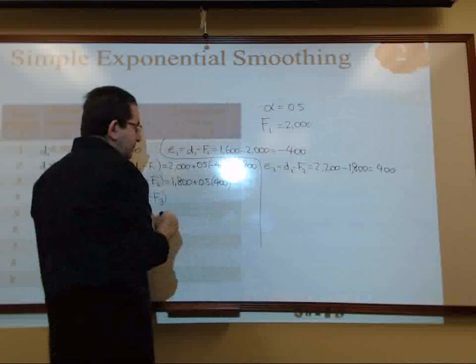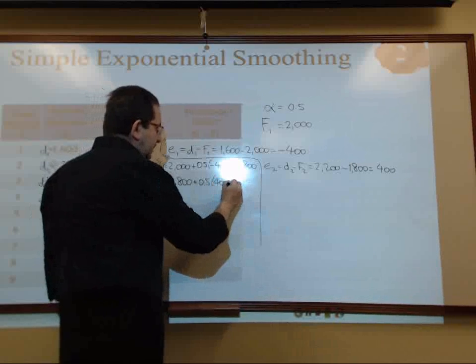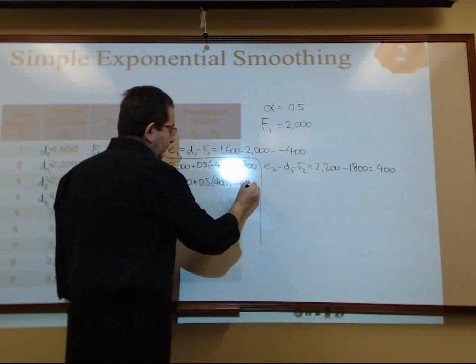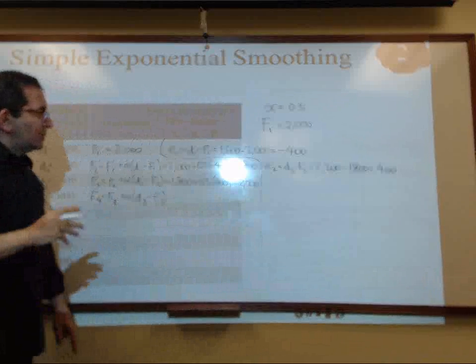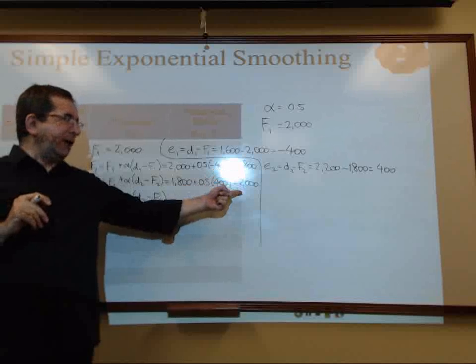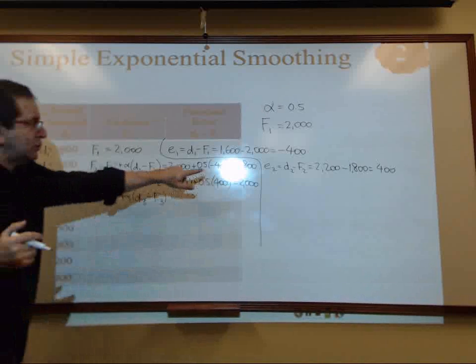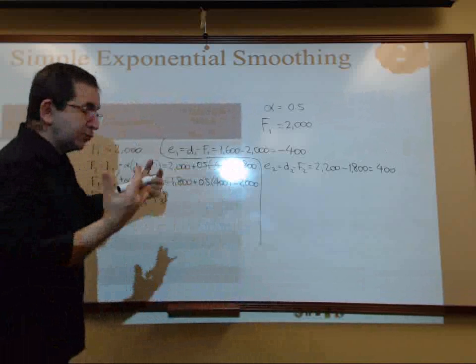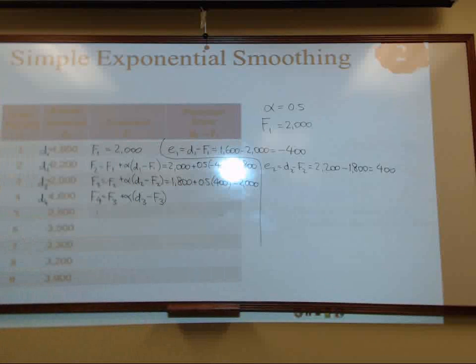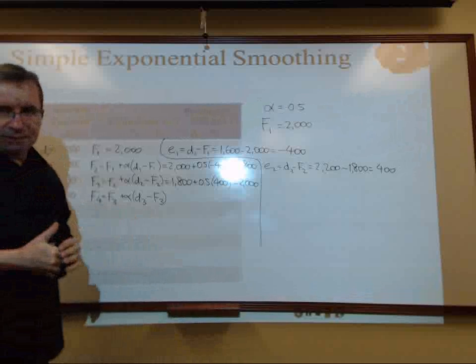Okay, so what that means is this is going to be 2,000. So now, as you can see, our forecast went from 1,800 to 2,000. Why? Because we were too low. This was too low. So we increased the forecast as a result. Okay? So you can just keep on working through this formula like this.